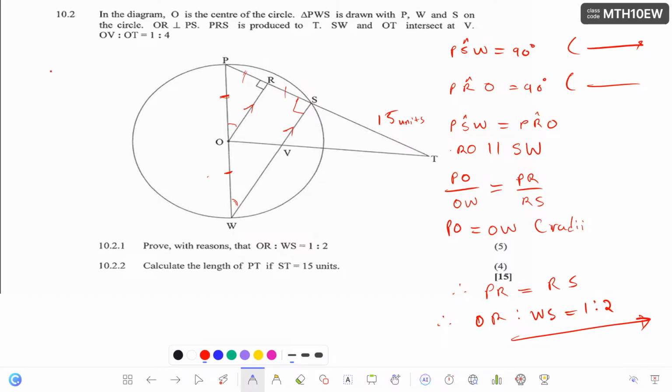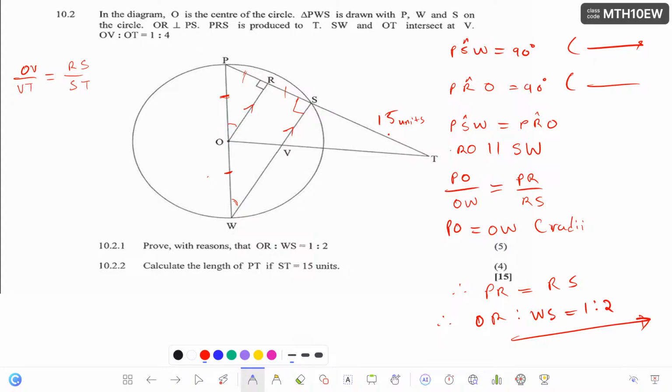We are simply going to say OV divided by VT is equal to RS divided by ST. Reason is because we know that OR and WS are parallel.